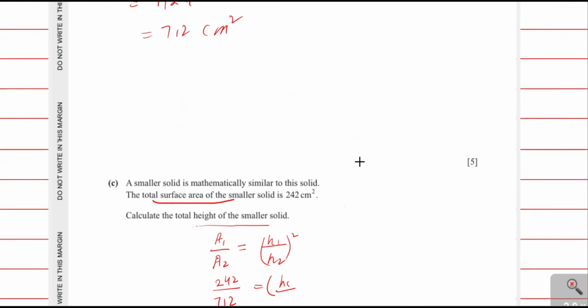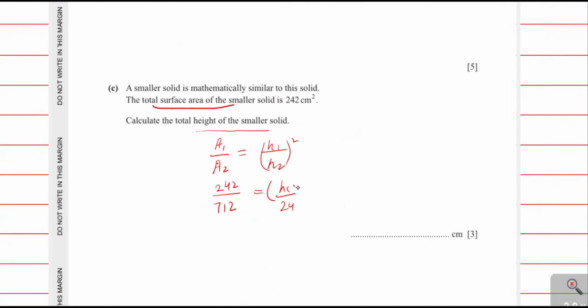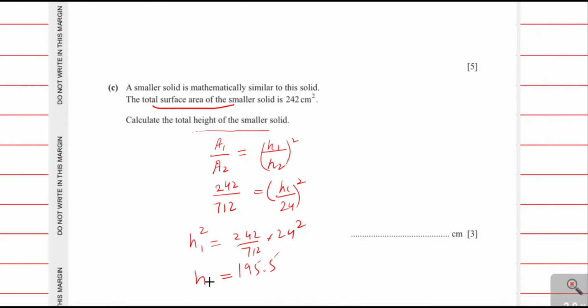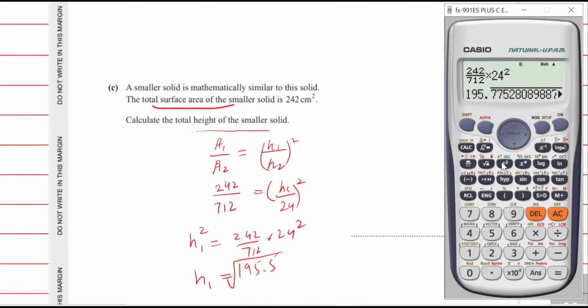We write here 24 whole square and therefore H1 square equal to 242 over 712 multiply 24 square and this will be equal to 195.5 and H1 will be equal to square root of 195.5 and we take the square root and this is equal to 13.99.